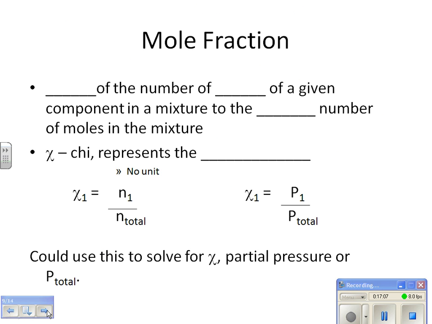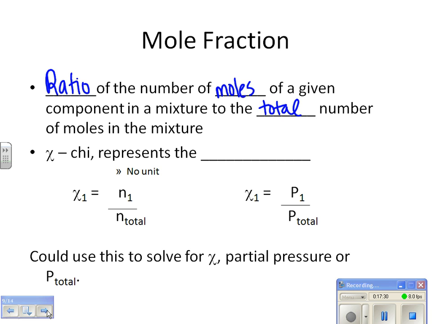Okay, moving on a little bit to mole fractions. A mole fraction is the ratio of the number of moles of a given component in a mixture compared to the total number of moles in the mixture.